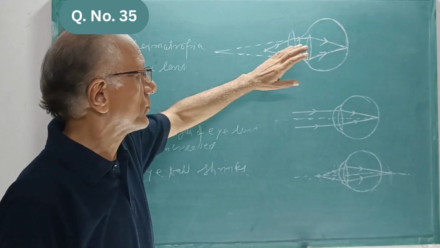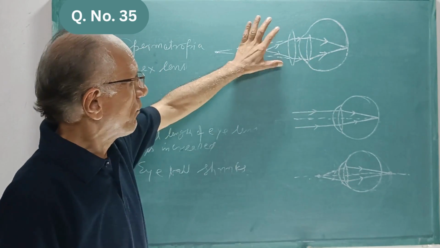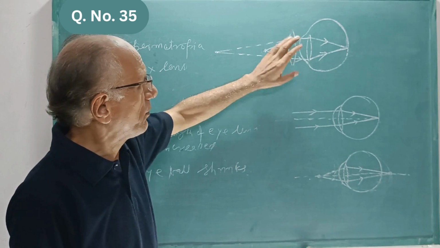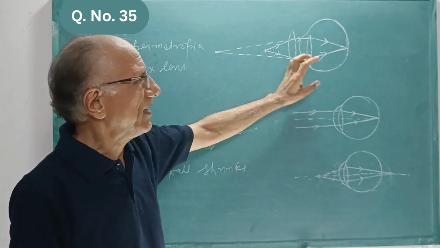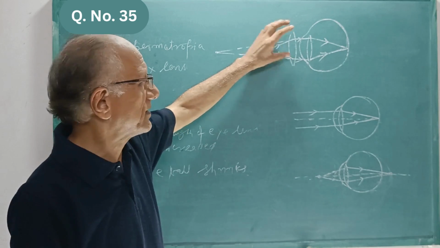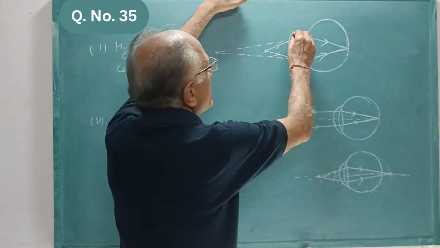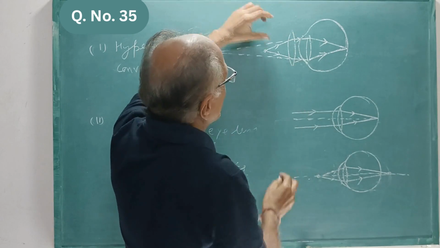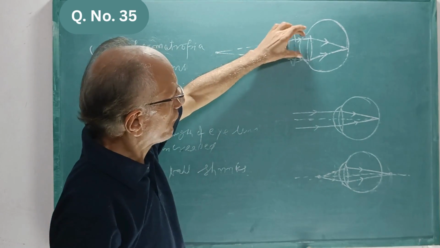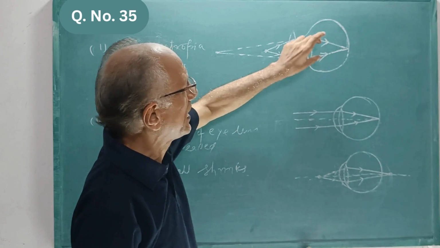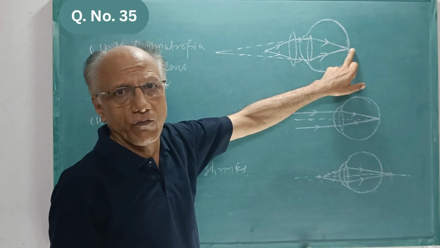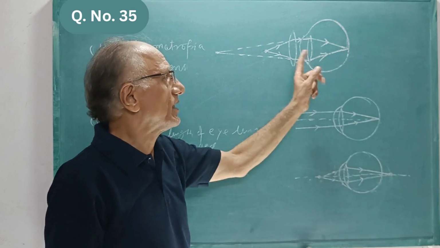But when you place a convex lens between the object and the eye, first this convex lens converges these rays. These rays are moving like this, so they are converged by this lens. Further they are converged by the eye lens and focused at the retina. That's why it has been corrected.